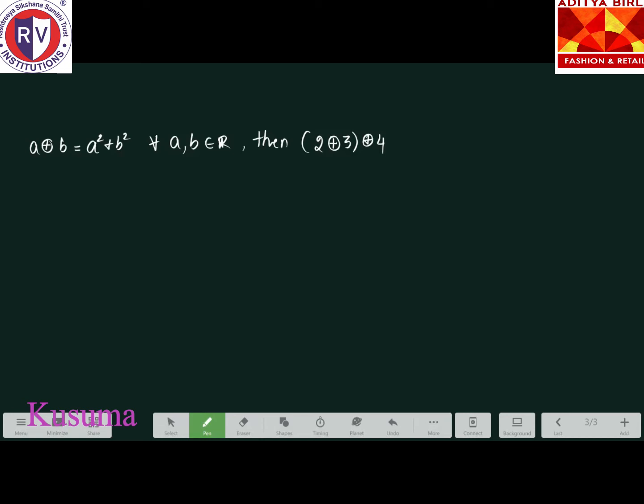This is quite simple. We know the definition of the given binary operation, so we just have to substitute the numbers.